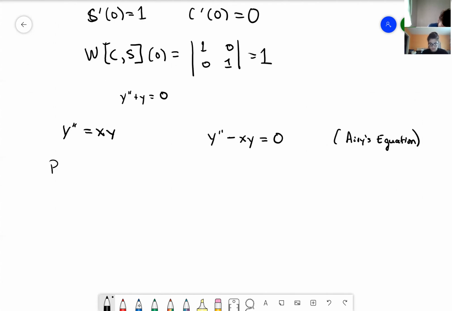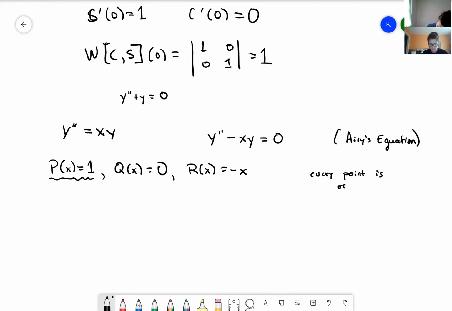So here we have p of x is equal to 1, q of x is equal to 0, and r of x equal to minus x. And again, because there are no points where p of x is equal to 0, every point is ordinary.